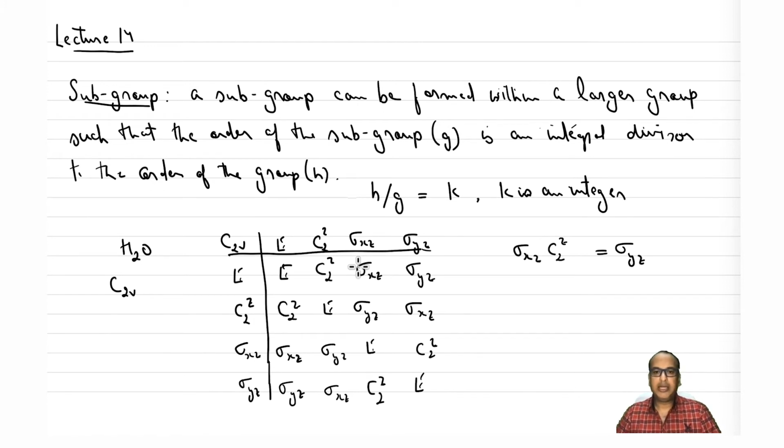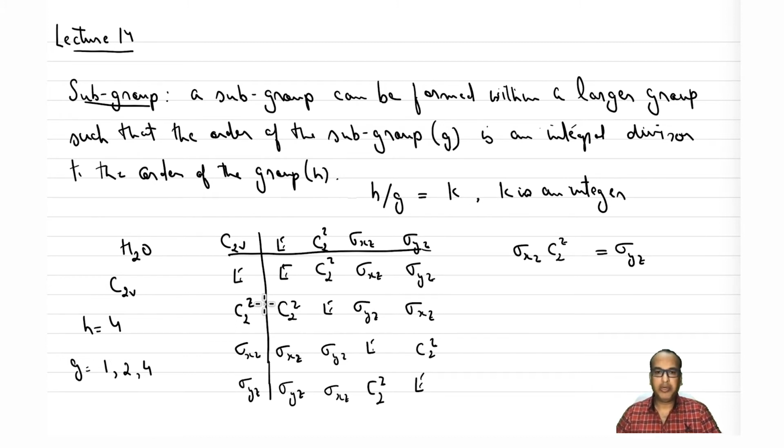Now let us see that the order of this group is h equal to 4. So the subgroups can only be of certain orders. g can take values of 1, 2, or 4, because these are the only options where k is an integer.